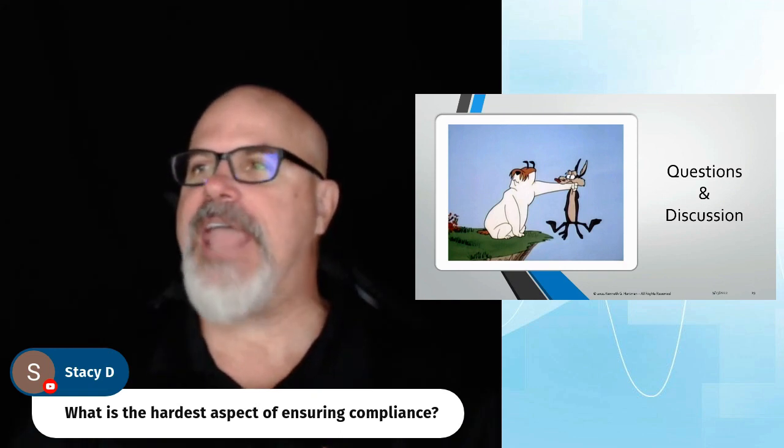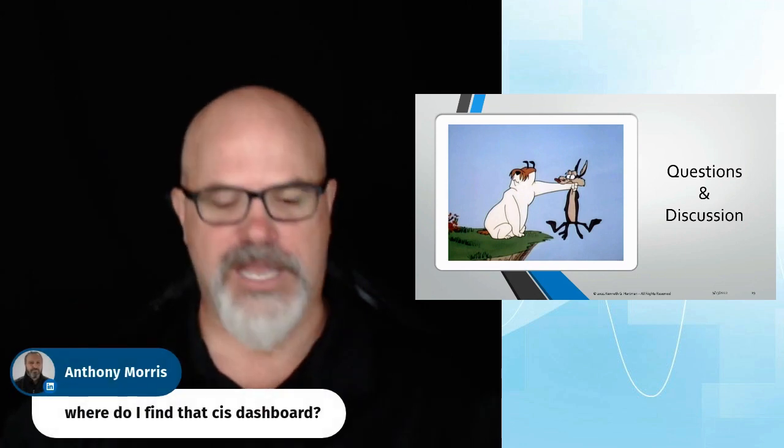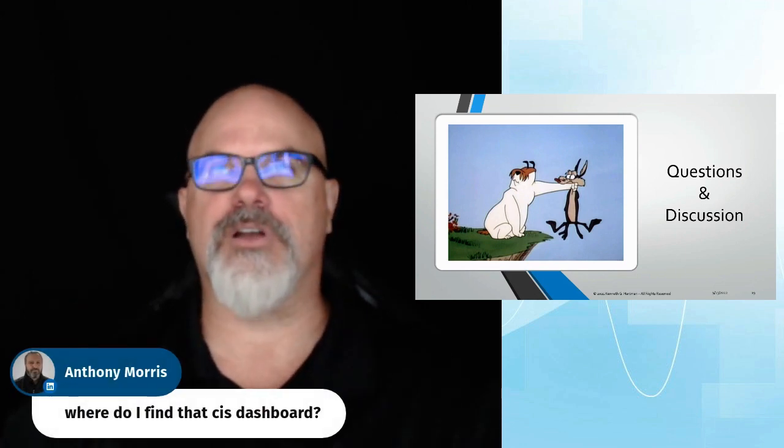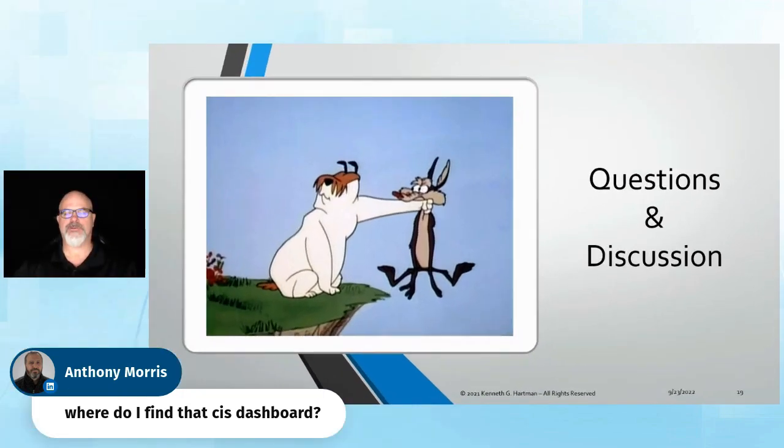So Anthony asked, where do I find the CIS dashboard? I'm going to live dangerously. I'll try and pull up my browser here, since I think I'm still sharing my screen. Let's see here. Actually, what I would do is just search CIS controls, and when you're doing a search in there, you'll find the dashboard.